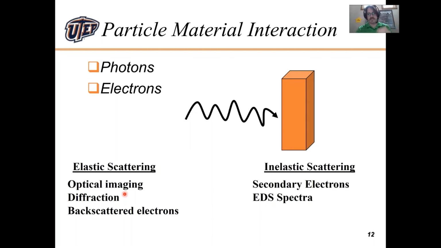So that's elastic scattering. We'll talk very deeply about the generation of backscattered and secondary electrons as this class progresses, but secondary electrons are an inelastic scattering process. And EDS spectra, which is X-rays basically, the generation of X-rays is also an inelastic scattering process.